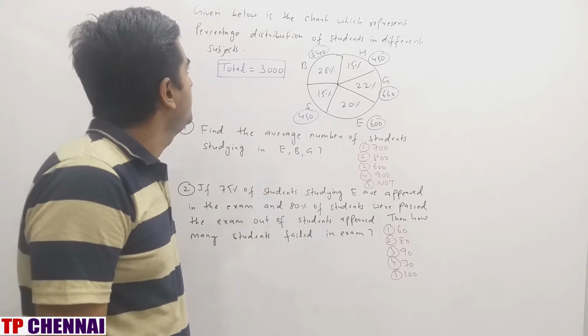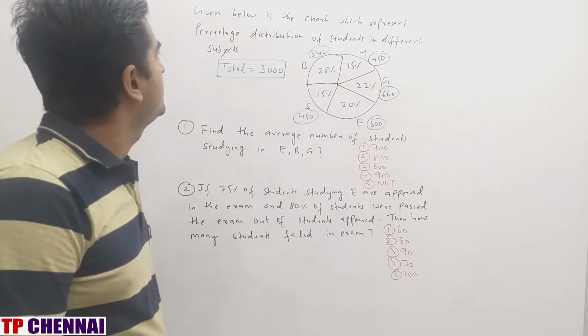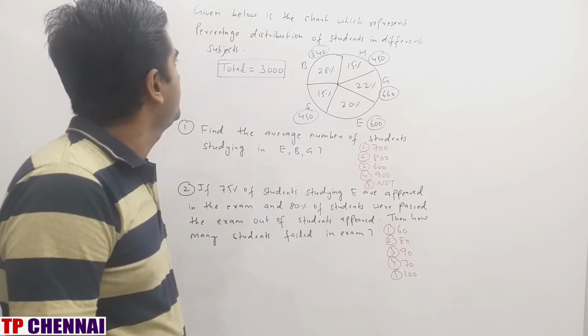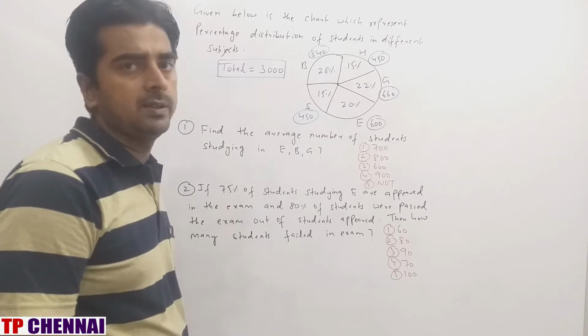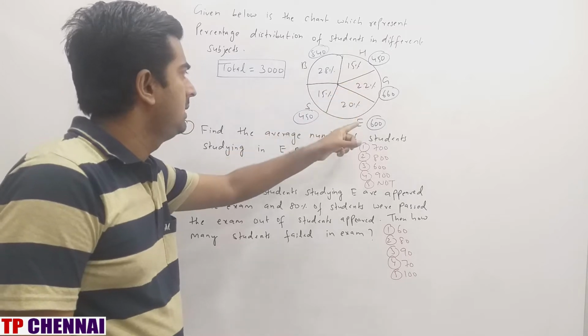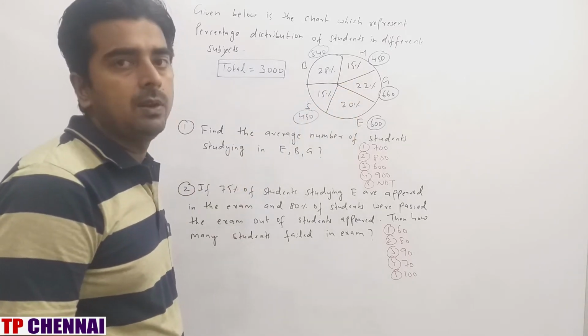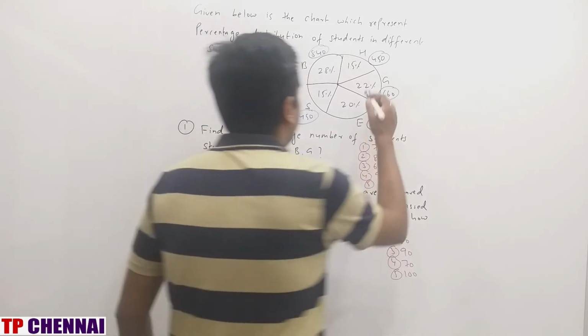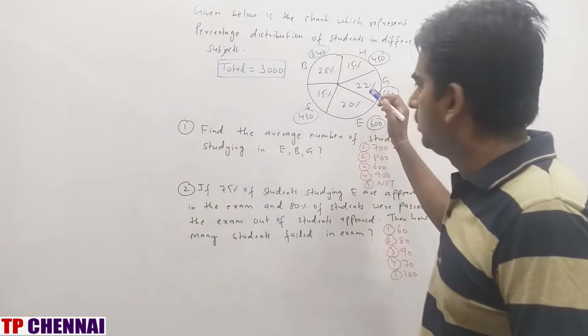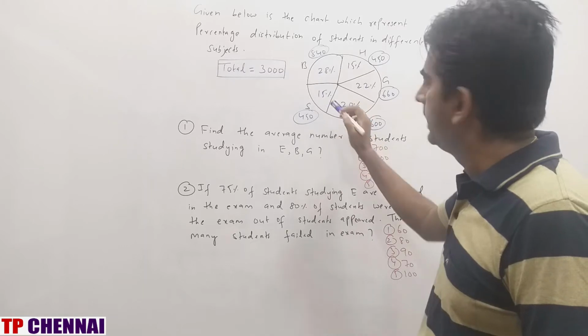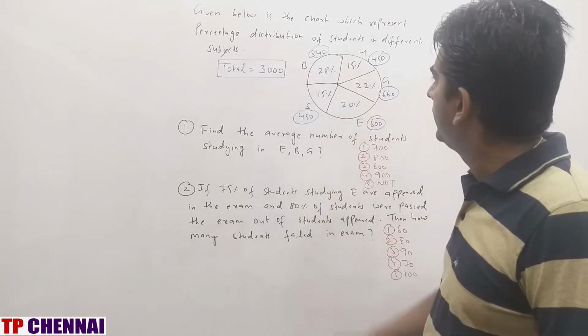So what they have given you, given below is the chart which represents percentage distribution of students in different subjects. So you have different subjects H, G, E, S, B. Inside the pie chart they have given you percentage values. H is having 15%, G is having 22%, E is having 20%, S is having 15%, B is having 28%.